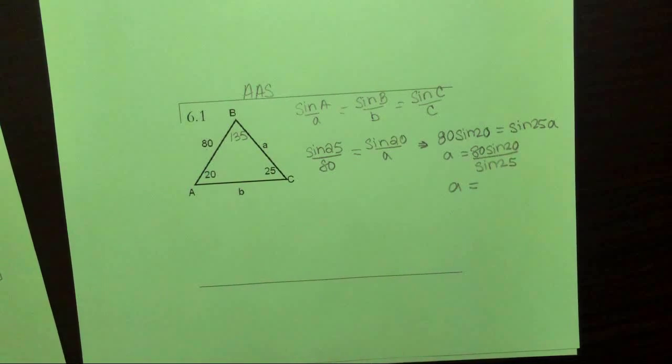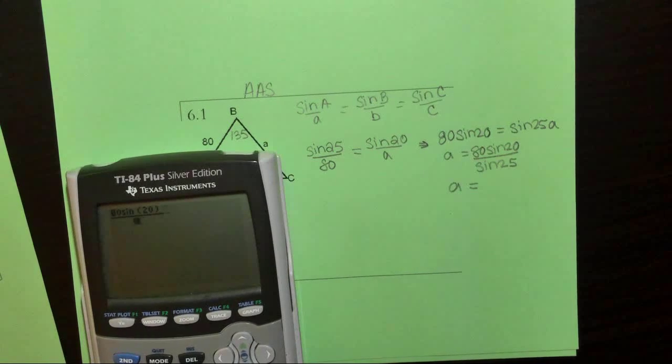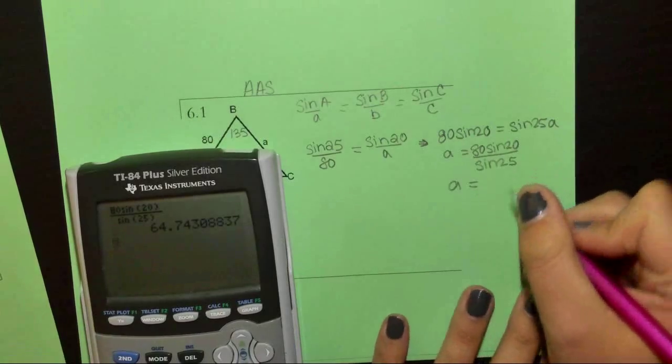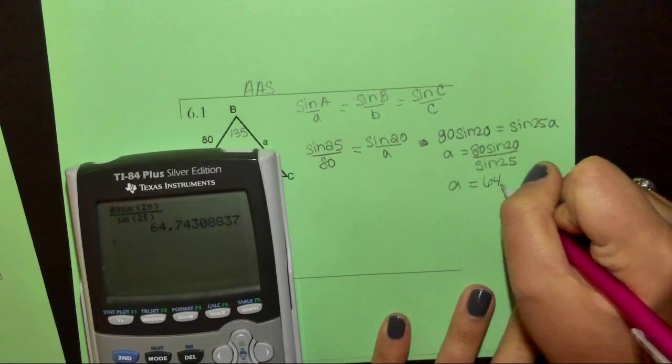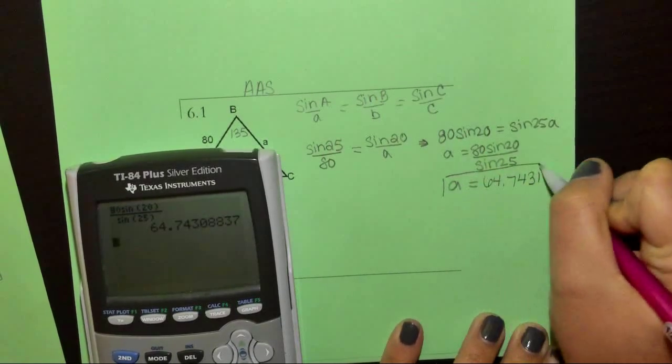So A will be 64.7431 rounded to 4 decimal places.